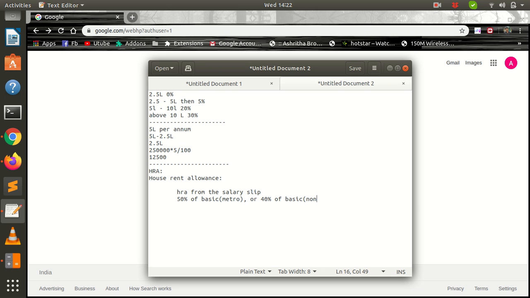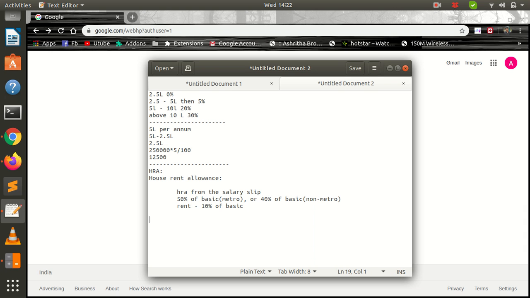And how you calculate the HRA exemption is rent minus 10% of basic salary.